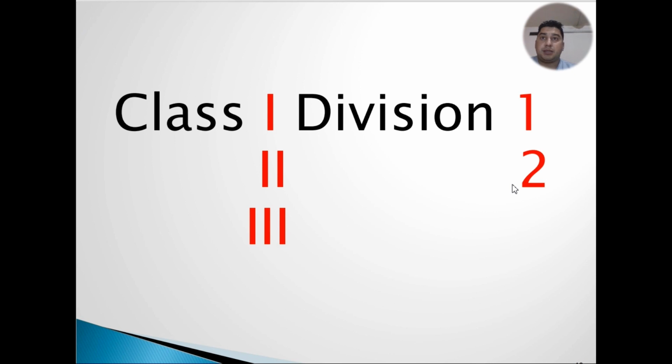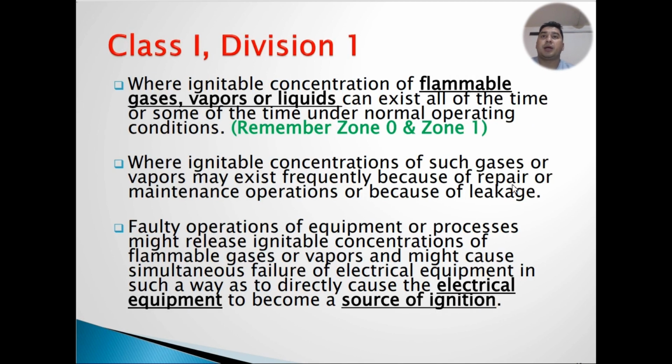So after class 1, 2 and 3, in total we have three zones: zone 0, zone 1 and zone 2, and division 1 and 2. Class 1 division 1 is where ignitable concentrations of flammable gases, vapors or liquids can exist all of the time or some of the time under normal operating conditions.